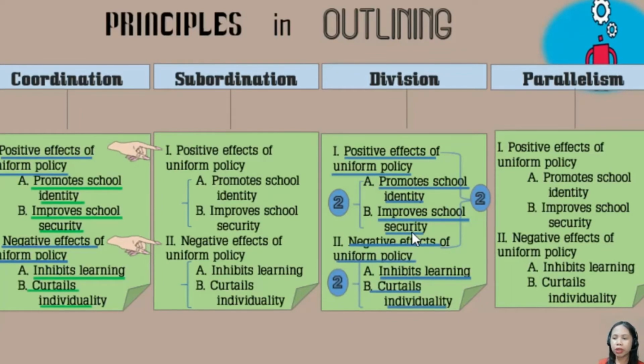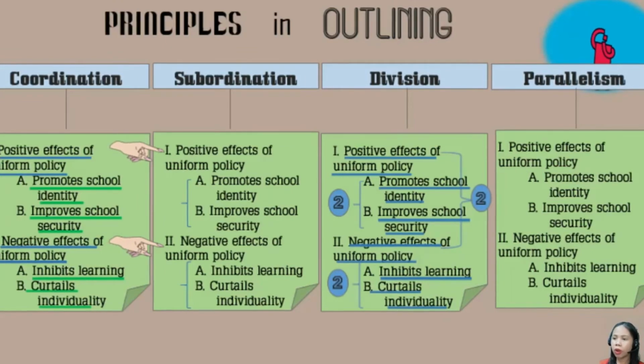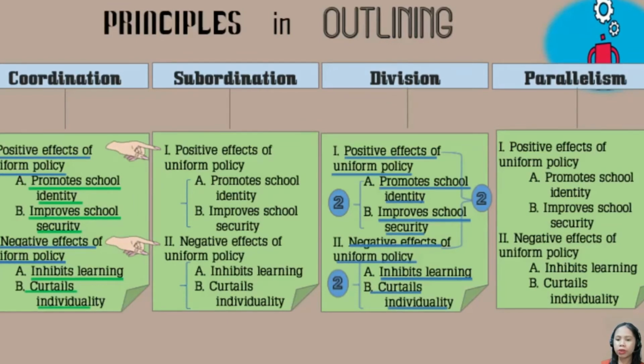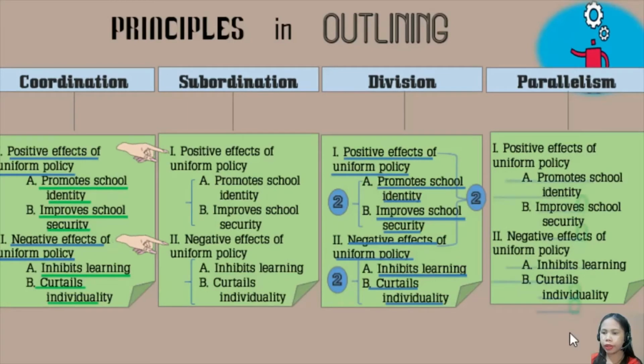The last principle is the principle of parallelism, or we also call it parallel construction. It requires all entries in each cluster to use the same structure and format. In this example, the first subdivisions are parallel. Positive effects and negative effects are both in their plural forms.